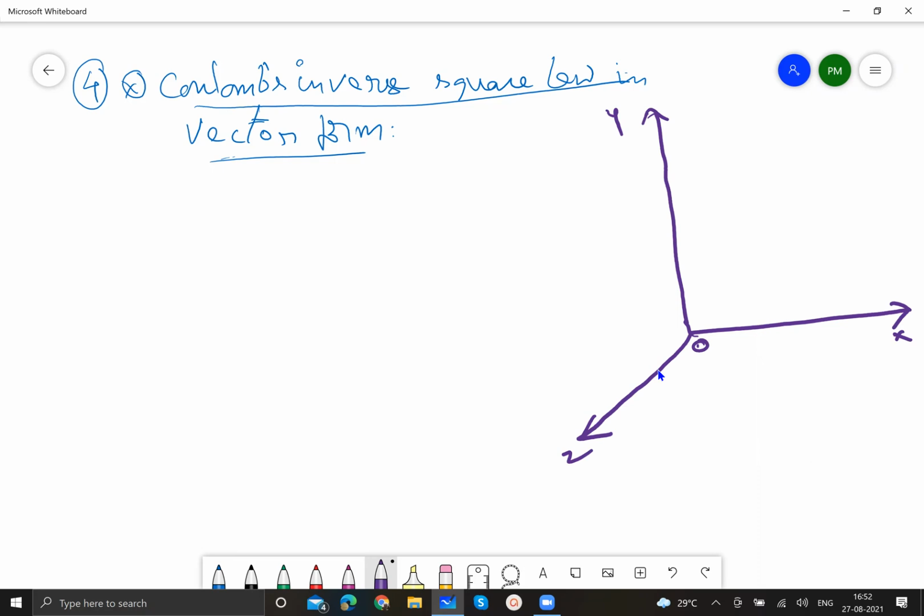this is the space, and here a positive charge, here is a negative charge.